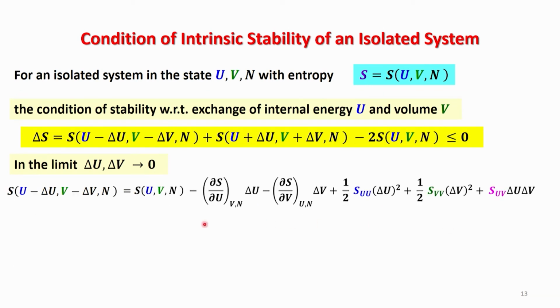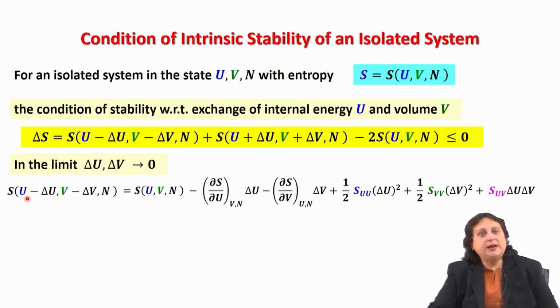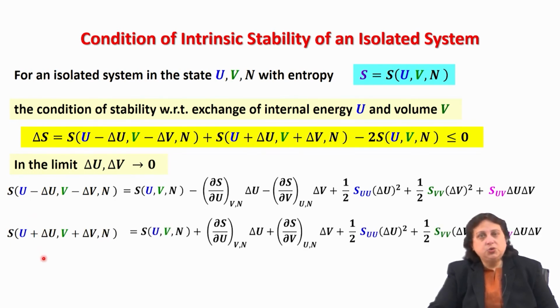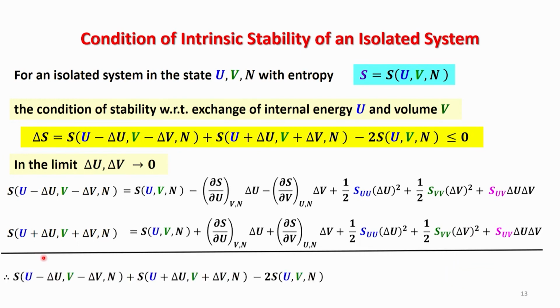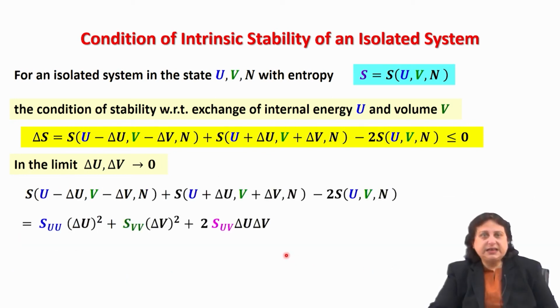Now, going ahead, I can write down S evaluated at U minus delta U, and S evaluated at U plus delta U, and correspondingly I can find that the condition of stability which involves this quantity would be given by SUU delta U square plus SVV delta V square plus 2 times SUV into delta U into delta V. Now, we will play around with this relationship, and then we say that in the limit of delta U and delta V going to 0, the stability condition is now dictated by these 3 partial derivatives.